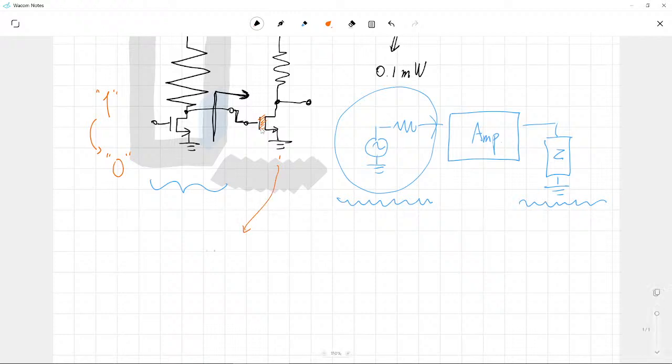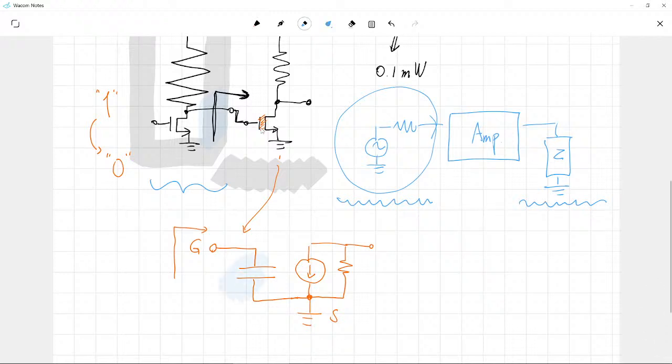Then you can easily realize that this is the gate of your second stage, and now you have a capacitor and a voltage-controlled current source. Of course this is not very accurate because this is just a small signal model, but let us think about it in an approximate way. From the viewpoint of your second stage gate, you can see a capacitance, the capacitance of your gate.